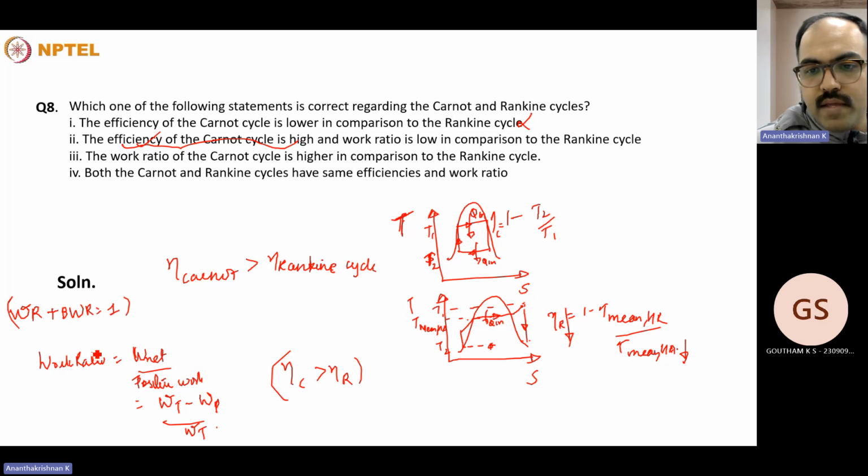Work ratio is the net work divided by the positive work. Back work ratio is the pump work, the negative work, divided by the positive work. If you look closely, the net work will be WT minus WP, and the numerator of the back work ratio will be WP. So they cancel out each other, and it will effectively be WT divided by WT. So the work ratio is the net work divided by the positive work.